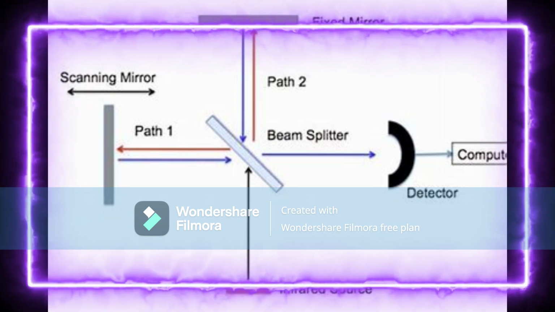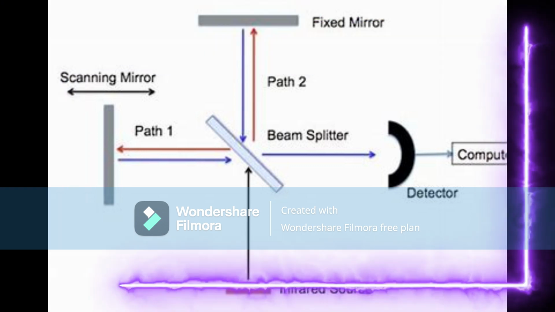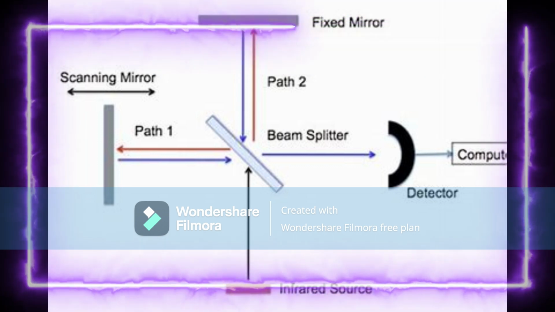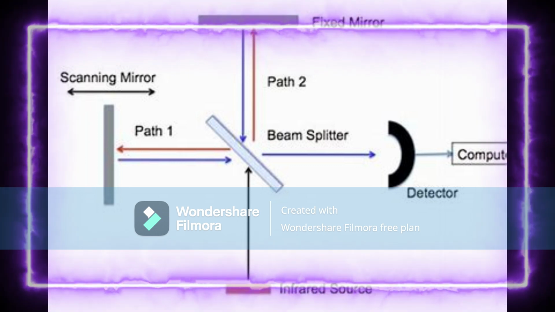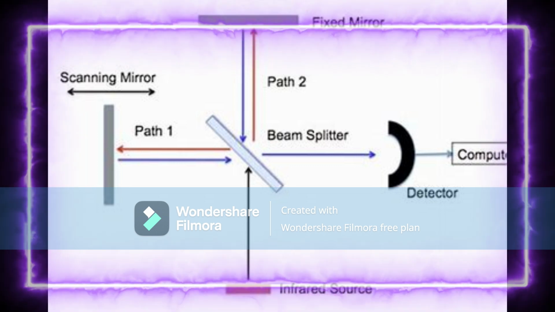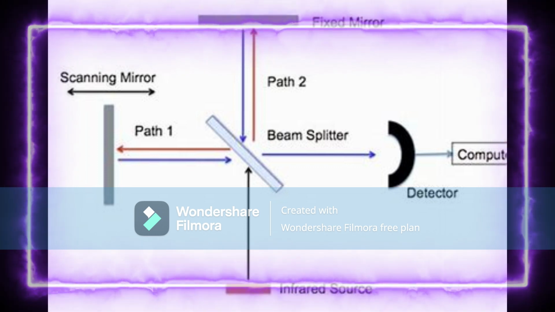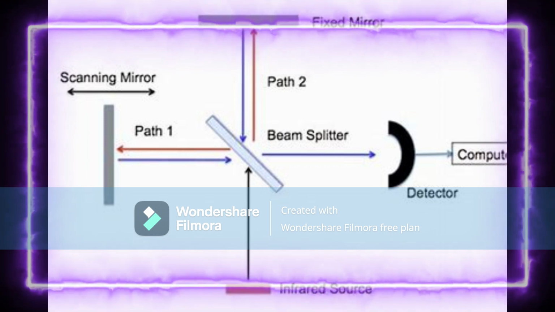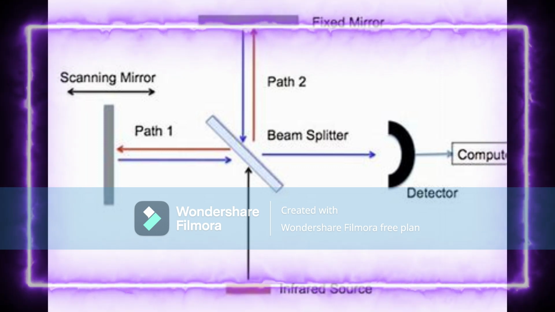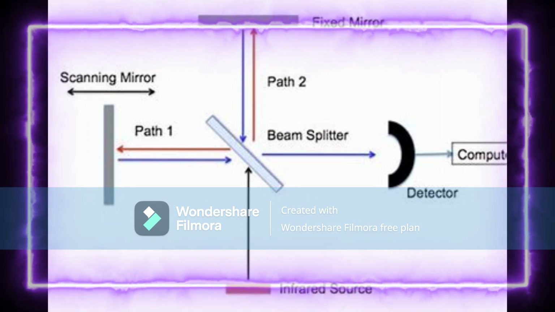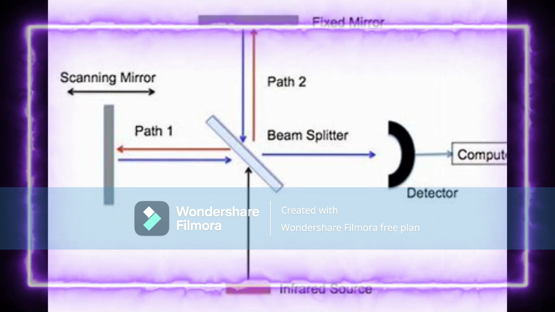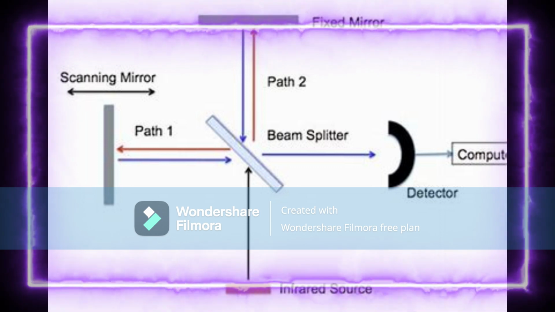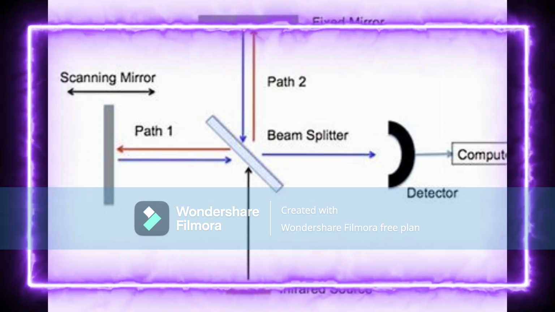The two beams reflect off their respective mirrors and are recombined when they meet back at the beam splitter. Because the path that one beam travels is a fixed length and the other is constantly changing as its mirror moves, the signal which exits the interferometer is the result of these two beams interfering with each other.